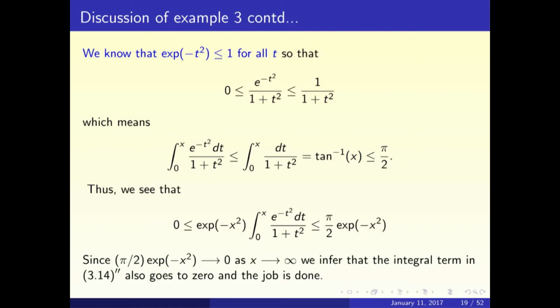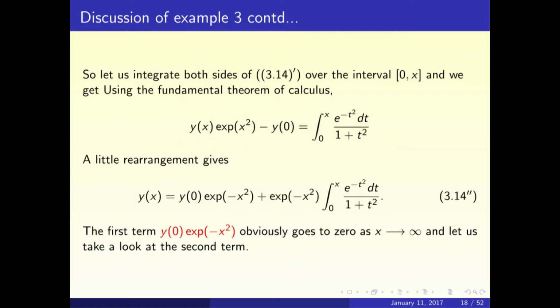The rightmost thing, pi by 2 e to the power minus x squared, goes to 0. So by the sandwich theorem, the integral term in the middle also goes to 0 and our job is done. Namely, both terms on the right hand side of 3.14 double prime go to 0 as x goes to infinity, and we have answered the question that has been posed.